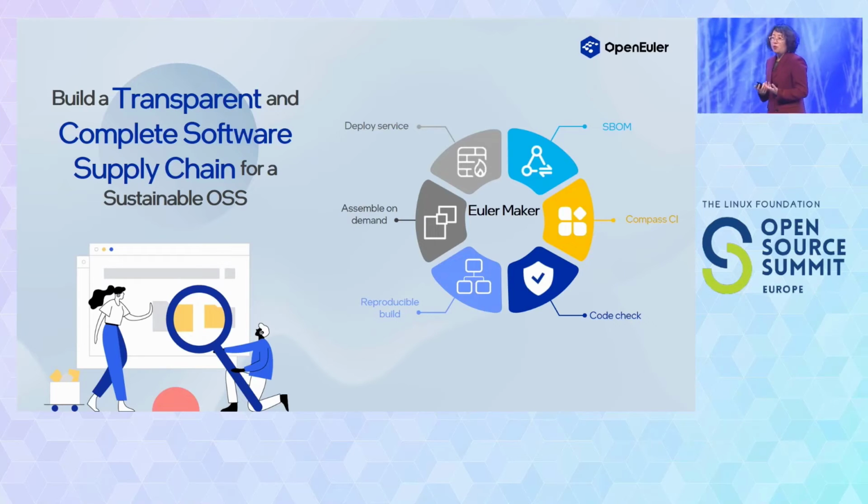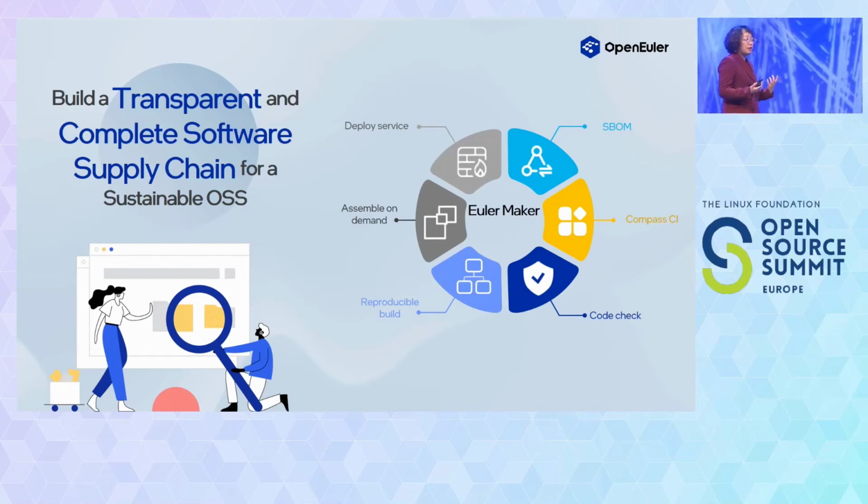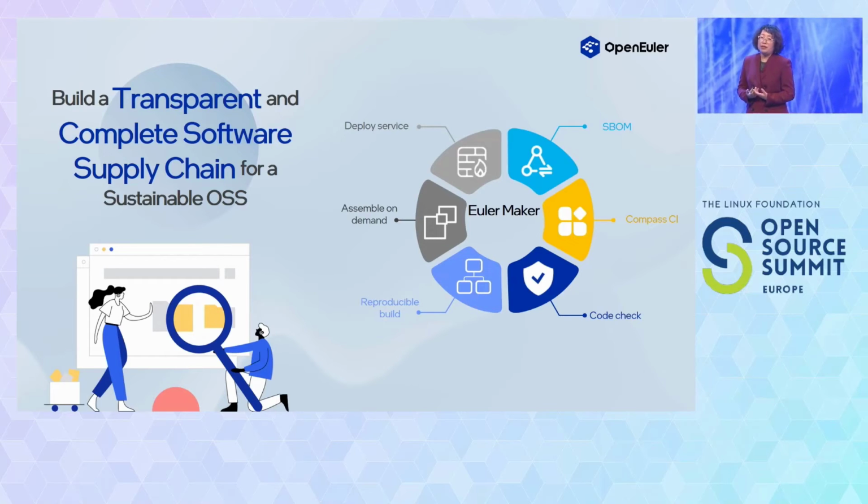We not only open source the result of the supply chain aggregation and optimization, but also the supply chain itself. The build and operation dependency of open source software and the traceability of upstream are both published in our community. We really think that building transparency and a complete software supply chain is quite important. We can make a sustainable operating system.